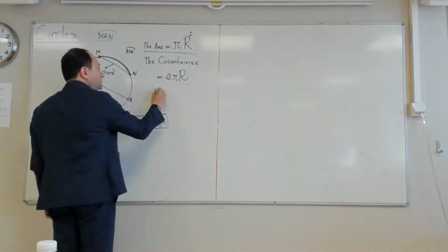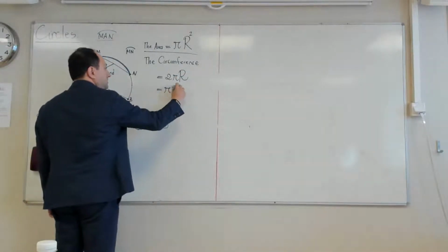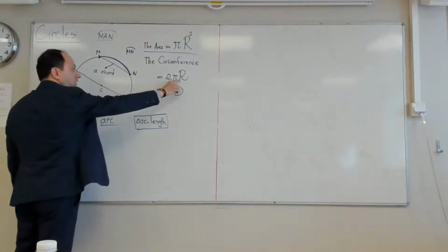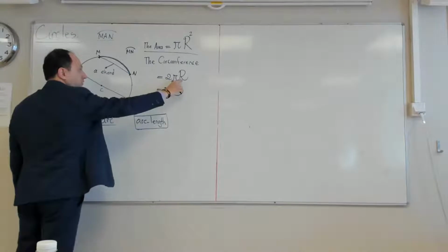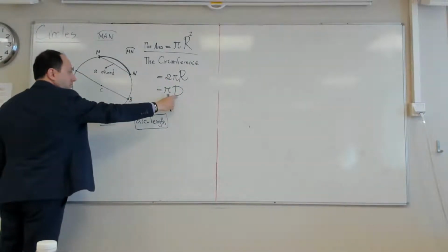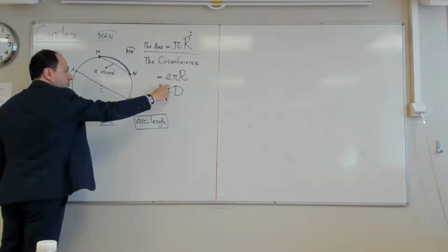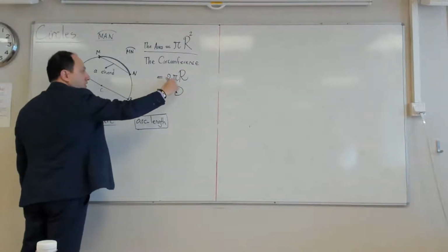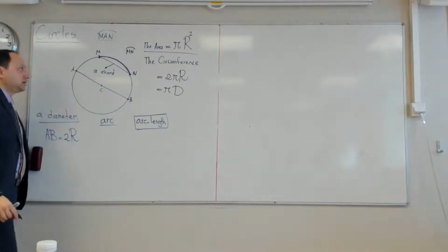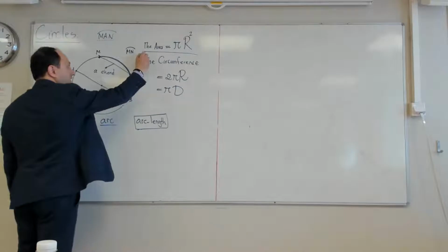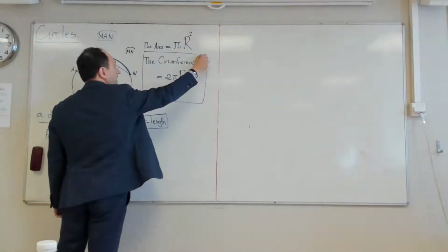But in some books, you see they write pi times d, because if you multiply r by 2, it becomes the diameter. So they denote the diameter by d. So some books write pi times the diameter, some books write 2 pi times the radius. So this is the longest arc that you can have in a circle.